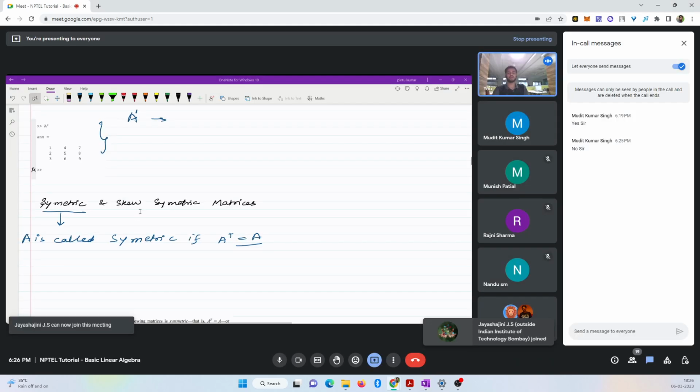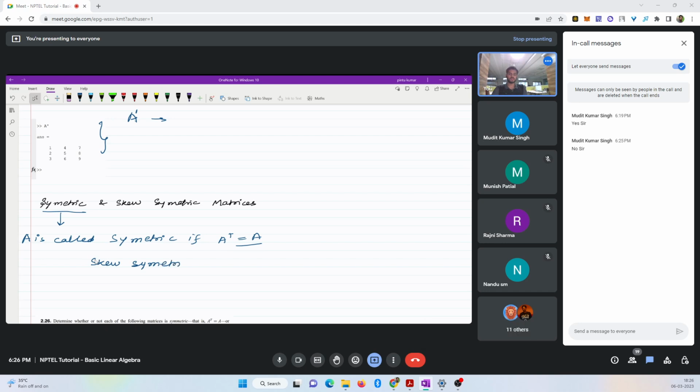And what is a skew symmetric matrix? A matrix is skew symmetric if A transpose equals minus A. Now, when do we call two matrices equal?